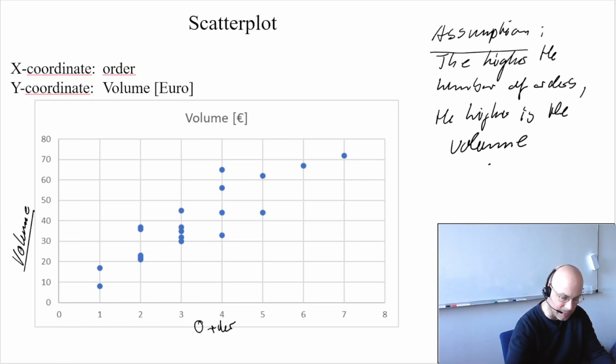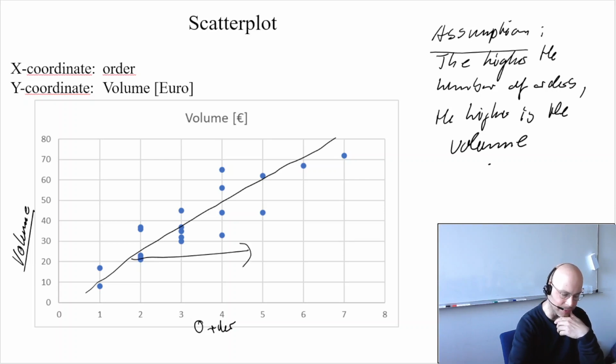Well, not very surprising. If we look at these data points, we more or less just say, well, let's fit some kind of linear function into this data, and then we see if we go to the right, we have to go upwards.